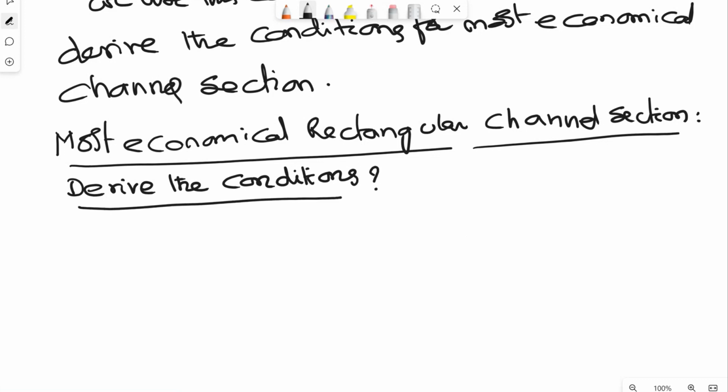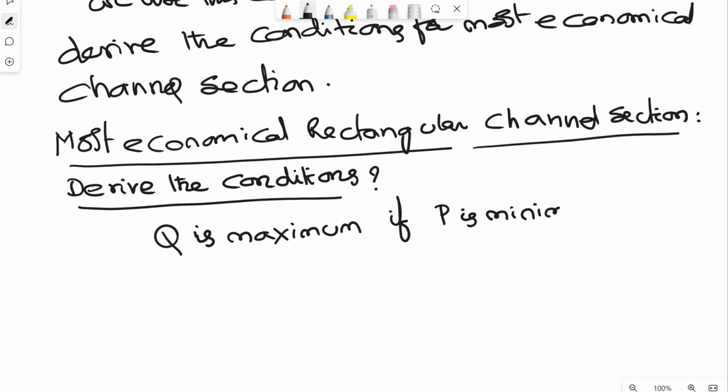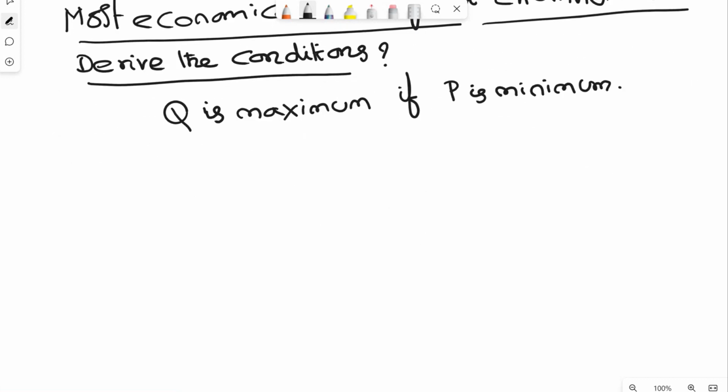That means Q will be maximum if P is minimum. This is the condition I am using. Why I am using this condition, I already mentioned above.